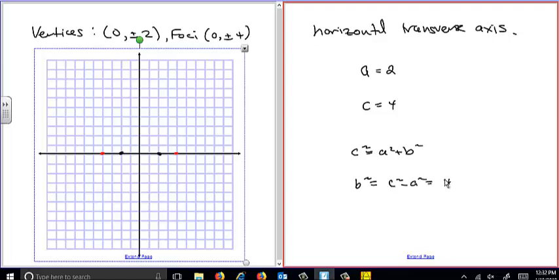So that's 4 squared minus 2 squared, which is 16 minus 4, which is 12. So b is the square root of 12. Let's find the square root of 12 in decimal form. Okay, the square root of 12 is 3.46.